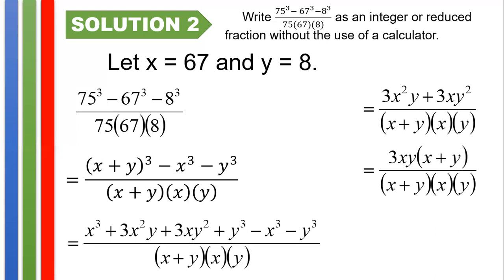And what is left is 3. Hence, the value of this expression is 3. There are also other possible solutions to this, but at least I was able to show you that using manual solving or using solution number 2, we still arrive at the same correct answer, which is 3.